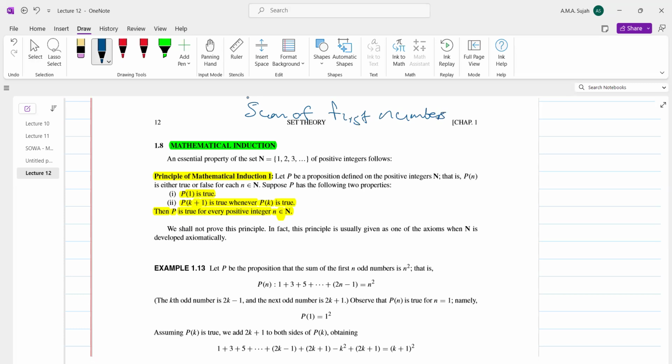Maybe you learned these things. The sum of n numbers, 1, 2, 3, 4 until n, is equal to n into n plus 1 by 2, right? This is a common equation.